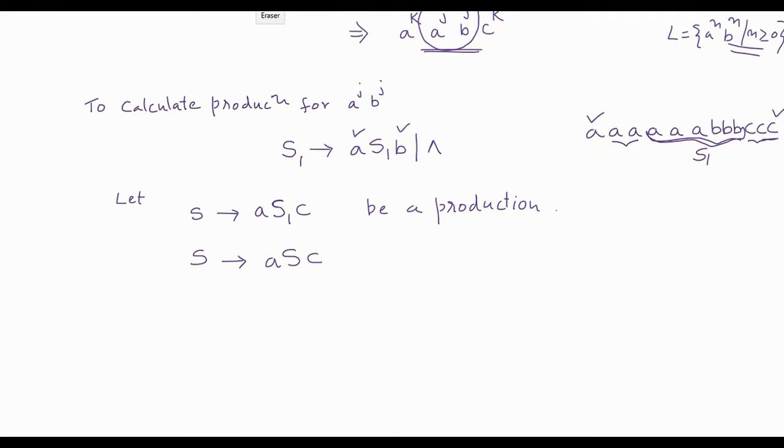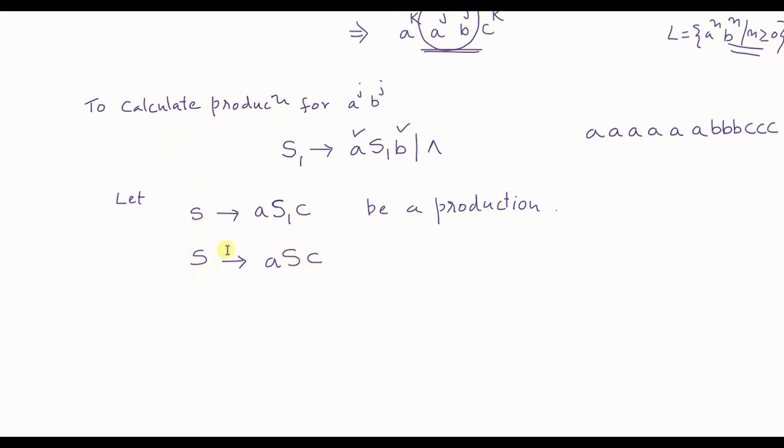Again, I will take the same string, and for the same string, let's check whether this will work or not. As you can easily make out, S happens to be the start symbol or start production.